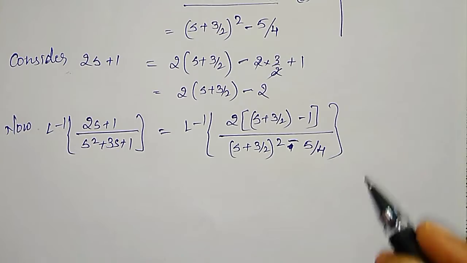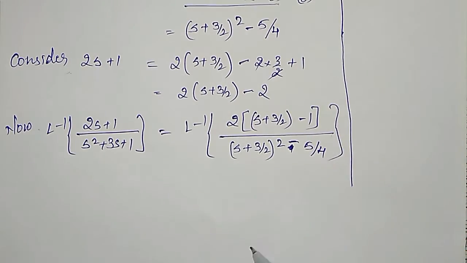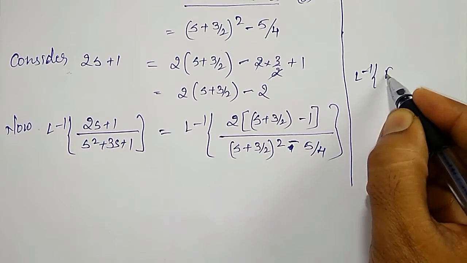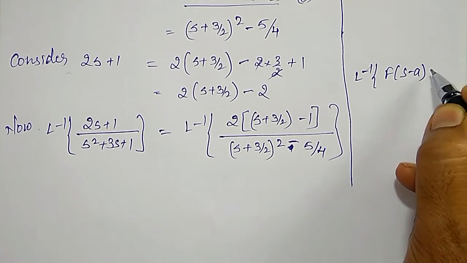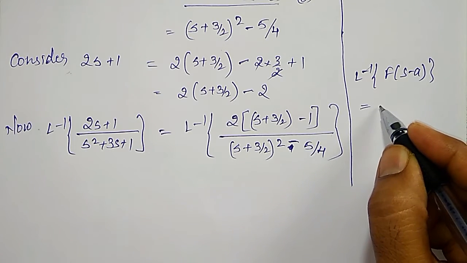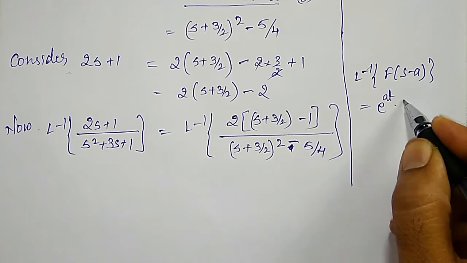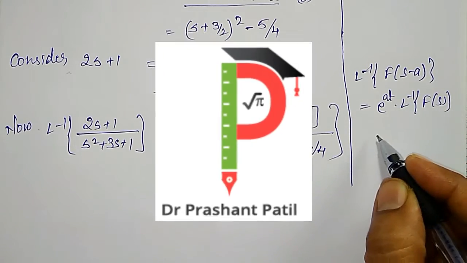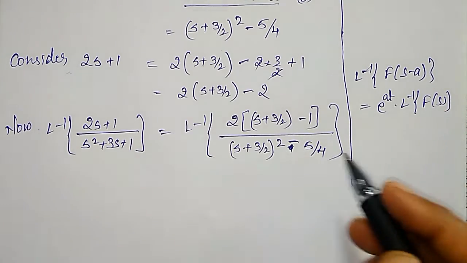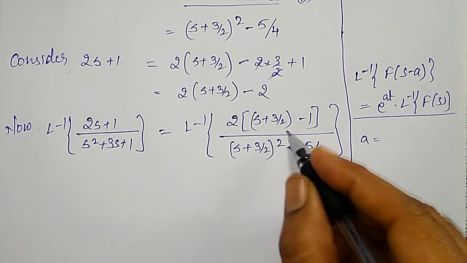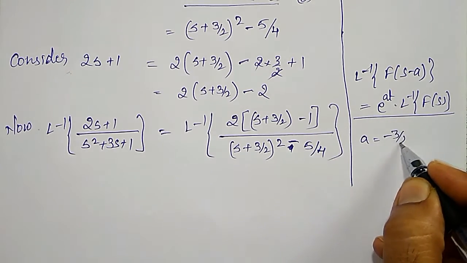Okay, this is of the form, the inverse Laplace transform of f of (s minus a). Here I have to find e to the power at into the inverse Laplace transform of f of s, that is, s minus a is replaced by s. Comparing with this, a is equal to minus 3 by 2.